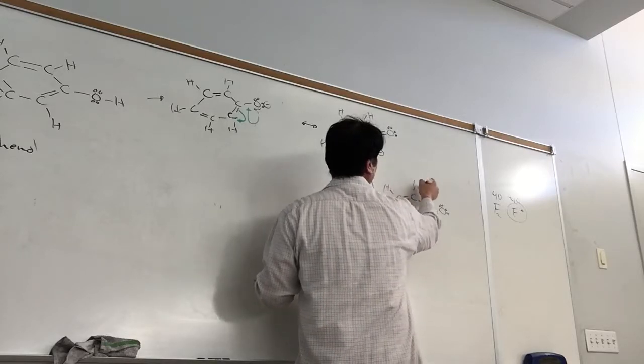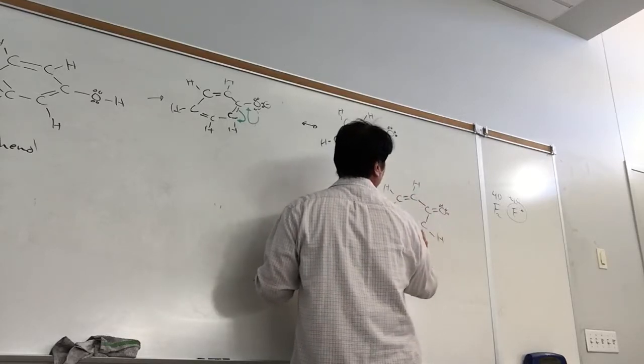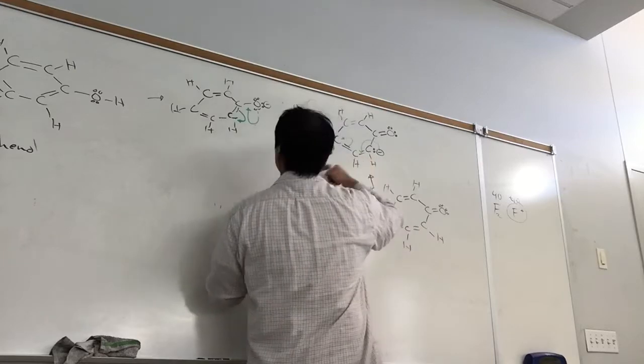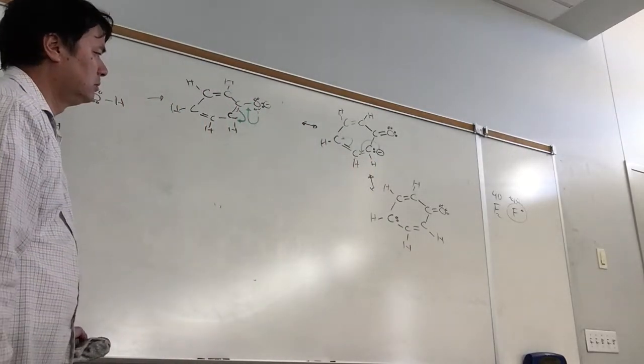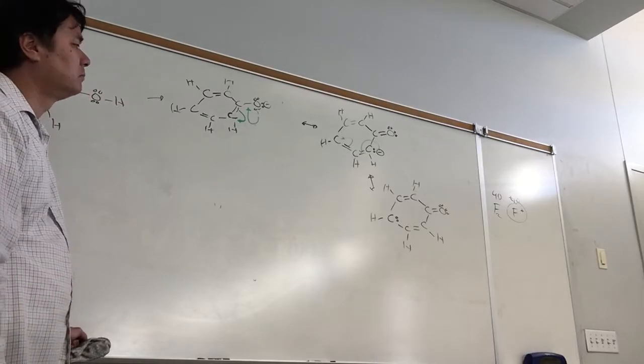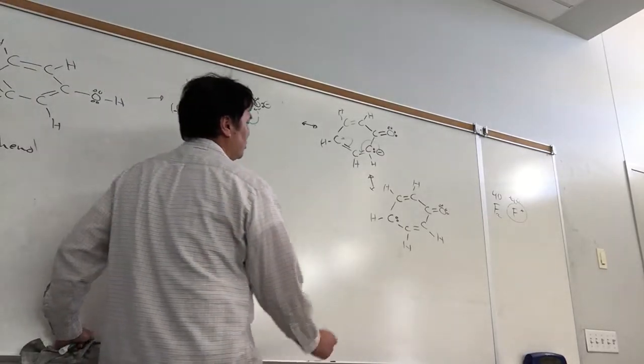It converts it from an sp2 to an sp3. You see that? So this carbon goes from being sp2 to sp3, so it's going to distort the structure. But this is what we end up with. Now the negative charge is on this carbon.